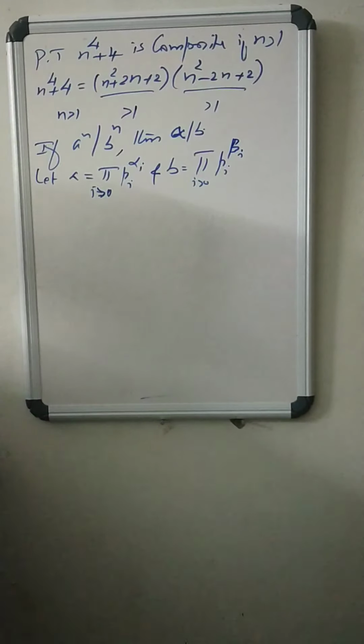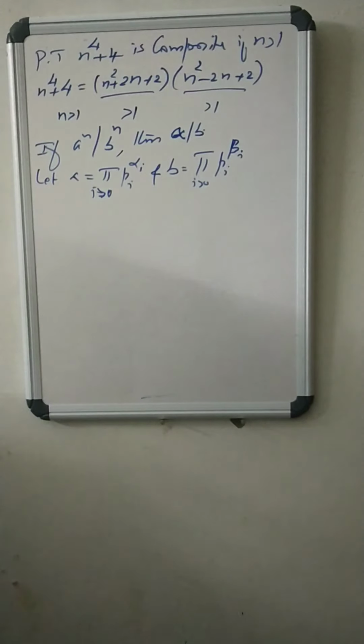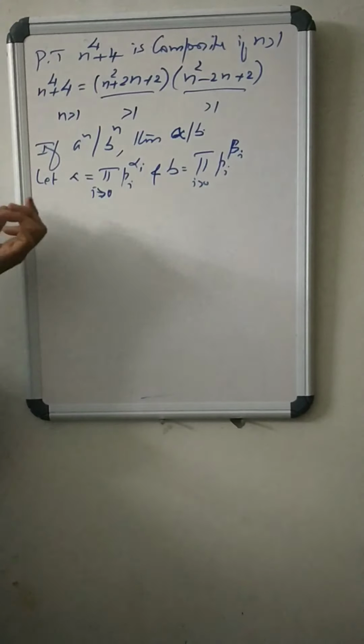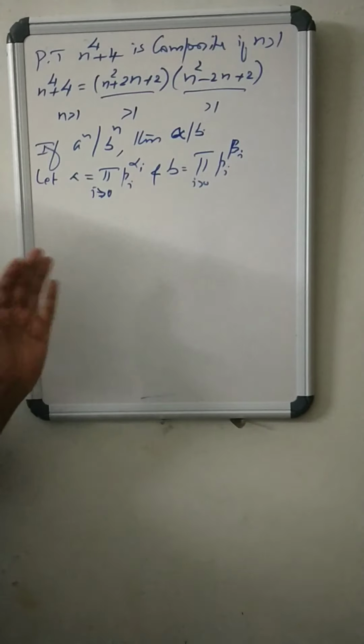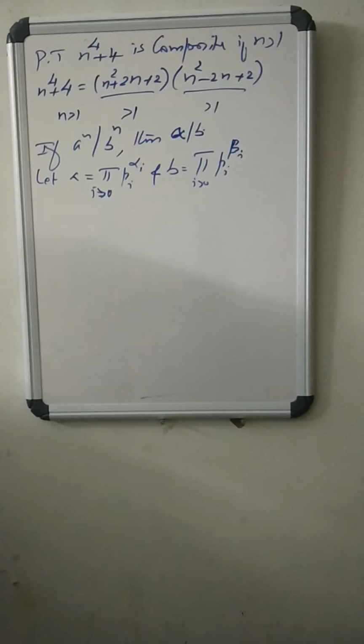These are the unique prime factorizations of a and b. We already know that when a and b are composite numbers, then they have a unique prime factorization. Let a equals product pi power alpha i and b equals product pi power beta i be the unique prime factorizations of a and b.